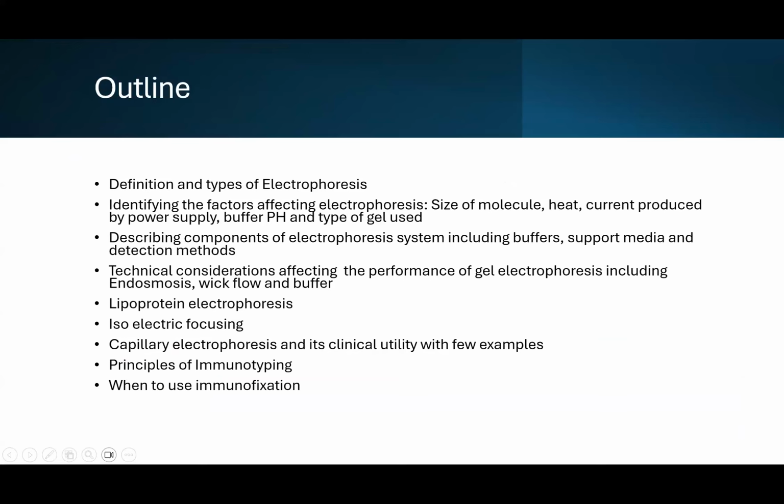Okay, right. So I'm going to cover the following topics. First, I start with principles of electrophoresis and the types of electrophoresis. Then factors affecting electrophoresis, different components of electrophoresis, but also the technical considerations, especially in gel electrophoresis, that are important to know.